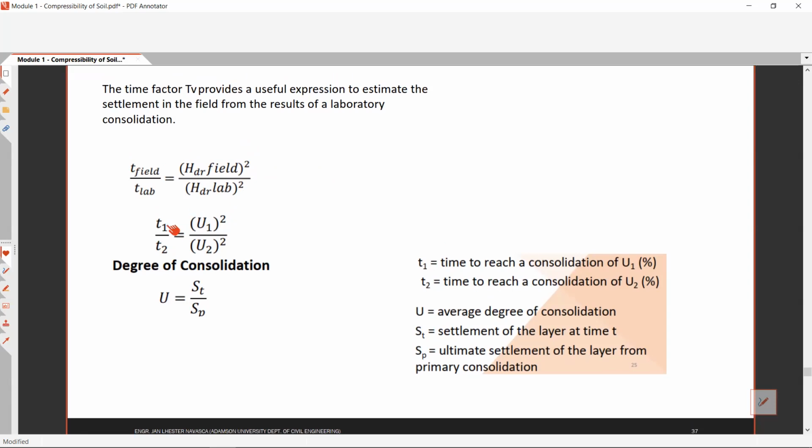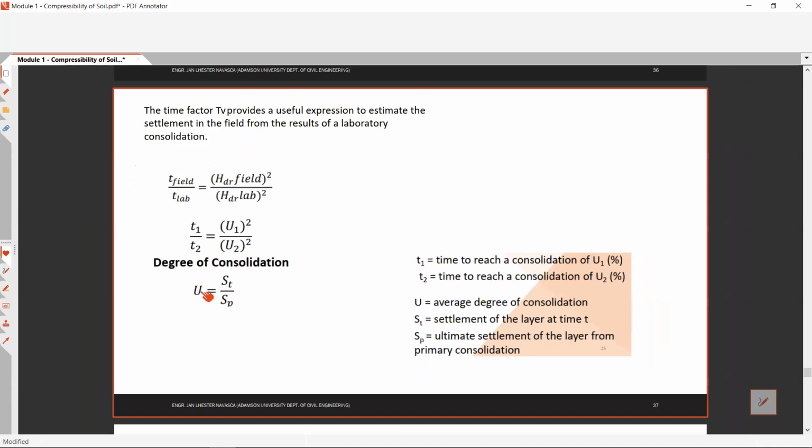Basically, that is equal to t1 over t2, H1 over H2 squared. So therefore, the degree of consolidation is the settlement of the layer at time t, S sub t, over S sub c, the ultimate settlement of the layer from primary consolidation. So that is the degree of consolidation.